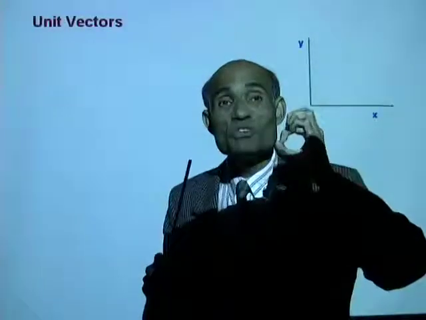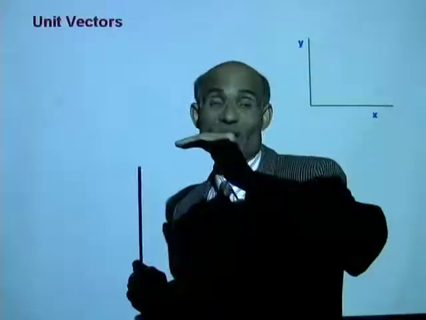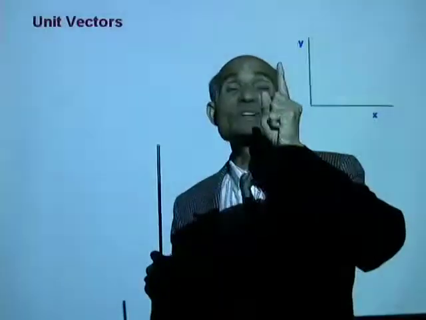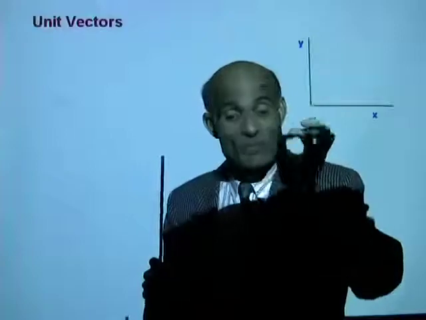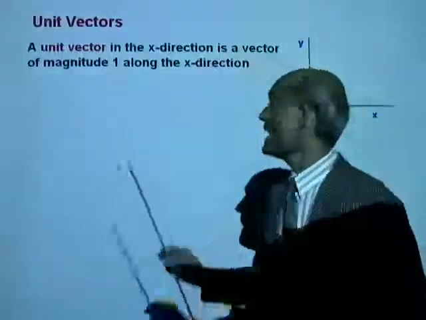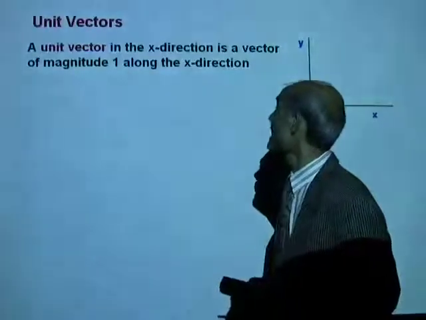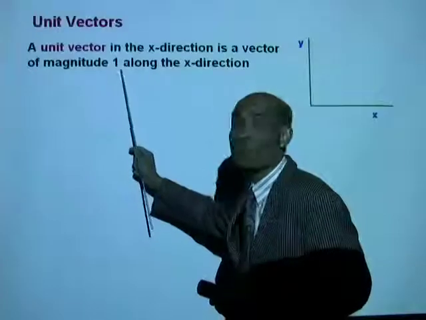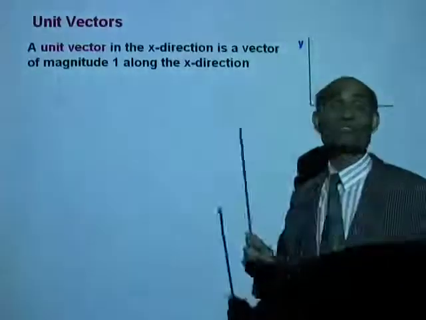That will be a unit vector in the x direction, and a vector of magnitude 1 unit in the y direction. That will be a unit vector in the y direction. A unit vector in the x direction is a vector of magnitude 1 along the x direction.